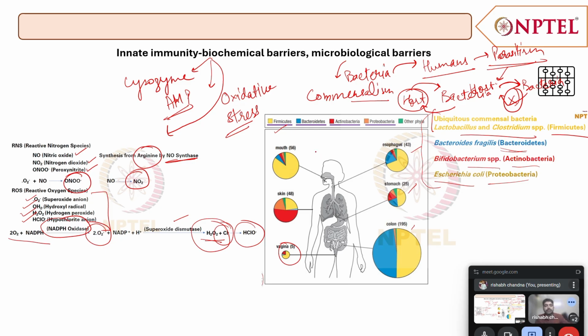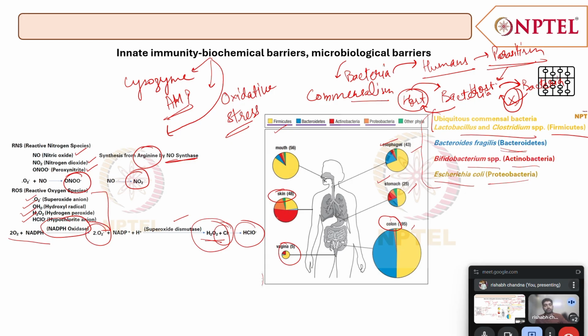Then comes the second one, bacteroides. Bacteroides are major in the colon, then in the esophagus, stomach, mouth, and minimum in the skin. Then we have actinobacteria.